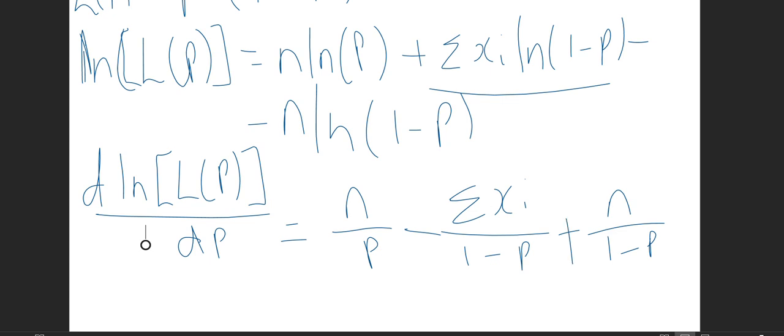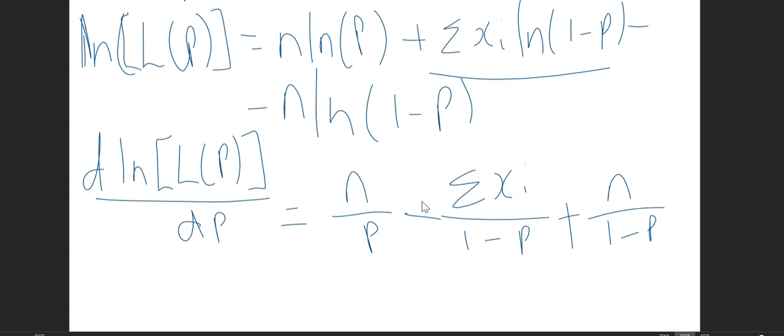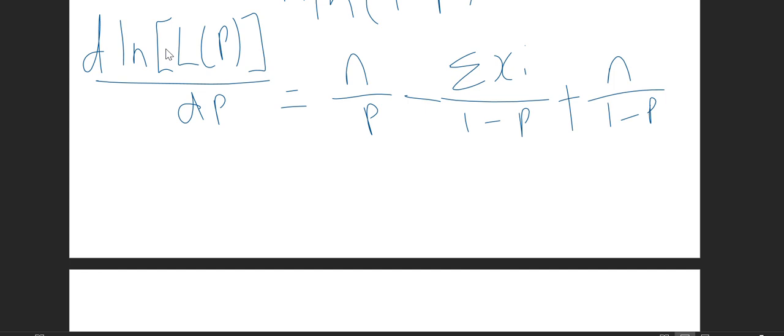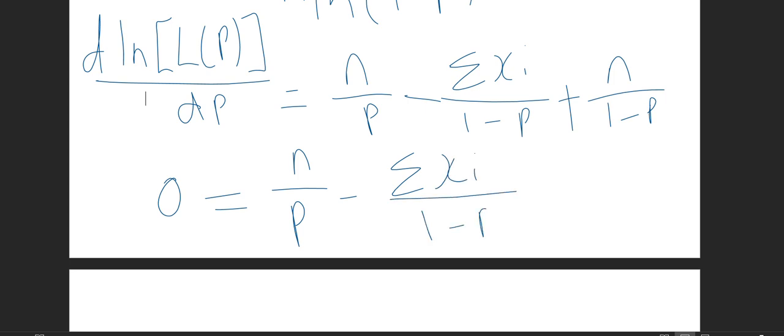So we are going to be adding them. Now we've taken the derivative of this likelihood function. Now we need to equate this derivative to 0 to maximize p. So n over p minus the sum of our xi's divided by 1 minus p plus n divided by 1 minus p.